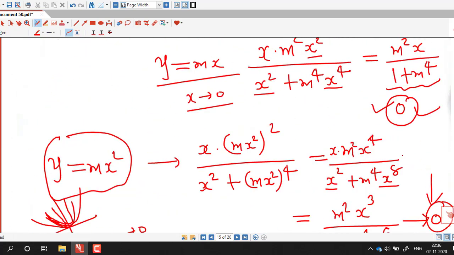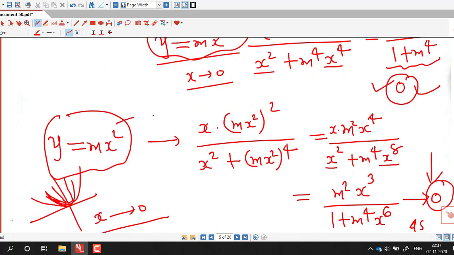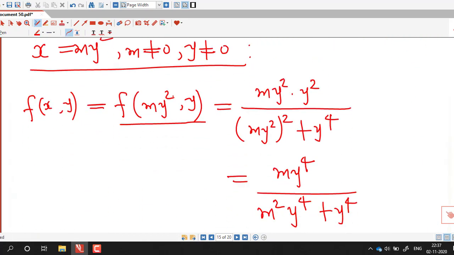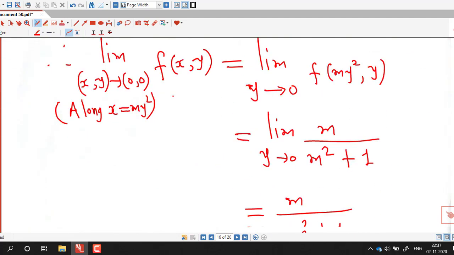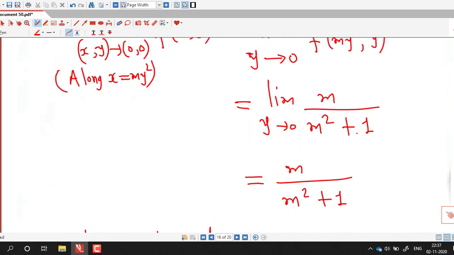So here we observe that limit was 0 along y equal to mx, limit was 0 along y equal to mx square, we are getting the same limit 0. So we tried along x equal to m y square, and we are able to see that the limit is a function of m, that is, limit depends on m.